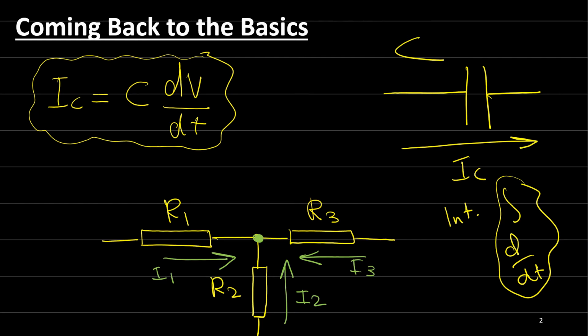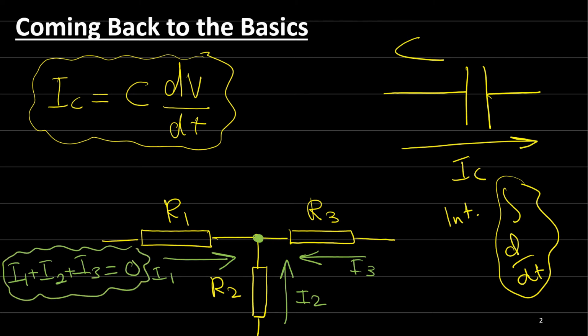The sum of these currents, I1 plus I2 plus I3, is equal to 0. This is what we call Kirchhoff's current law. Here, for example, we can say that I1 plus I2 is equal to minus I3, and so on. These things are important in order to analyze some circuits of the operational amplifier.